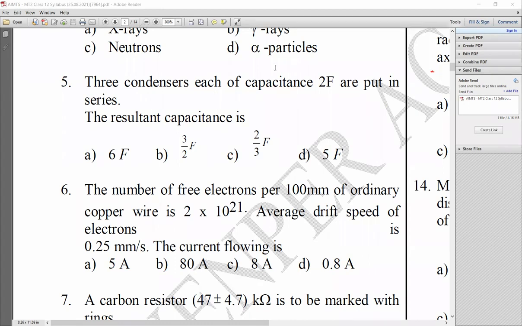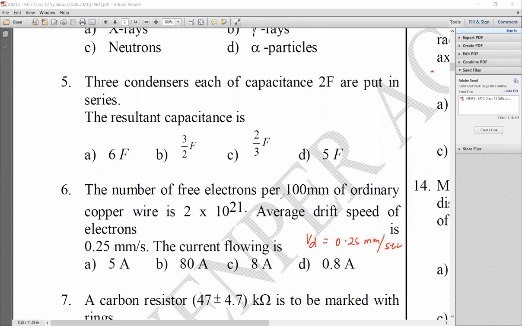Average drift speed of electron. The current flowing is. So drift velocity is given. How much? 0.25 millimeter per second.